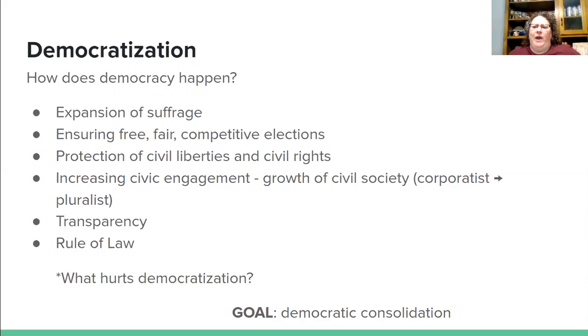We think about ways that we increase democracy by expanding suffrage, giving people the right to vote, and making sure that elections are secure and fair. One of the things I found very fascinating in the UK talk today with the Member of Parliament, Ms. McDonough, was that she thought one of the problems with our elections in the United States was money.